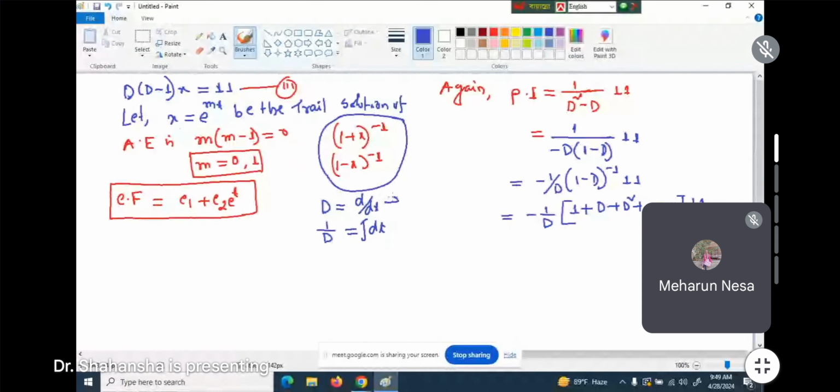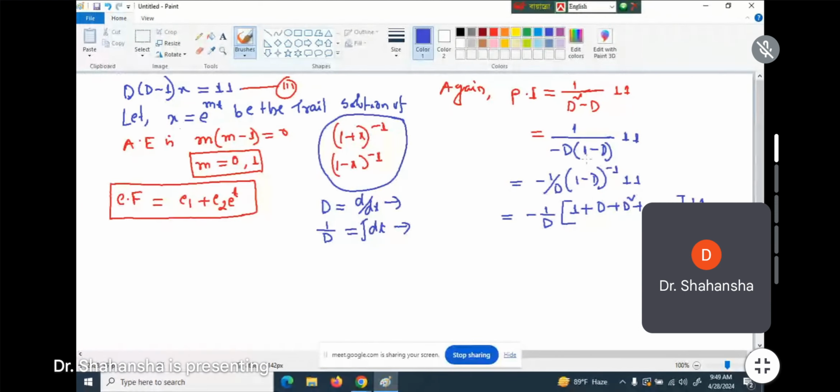Integration. Differentiation always compacts the function, and integration always expands the function. Are you clear?